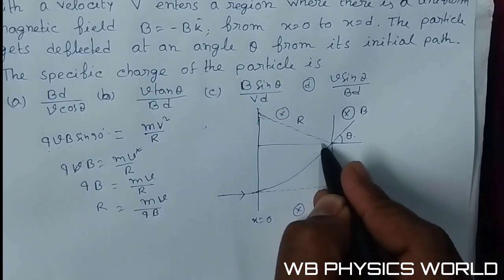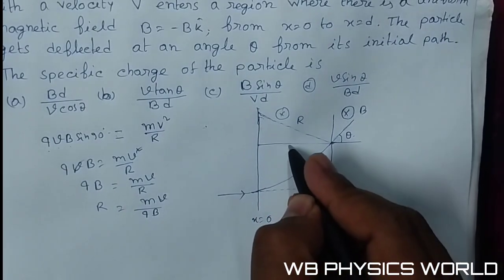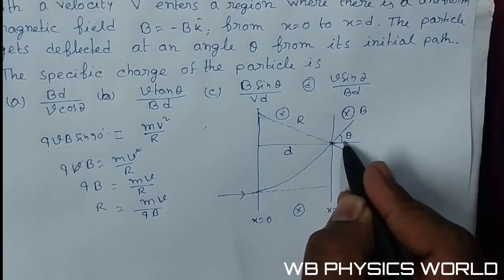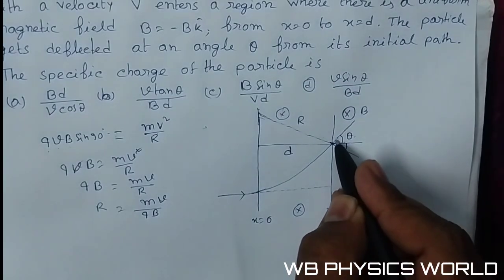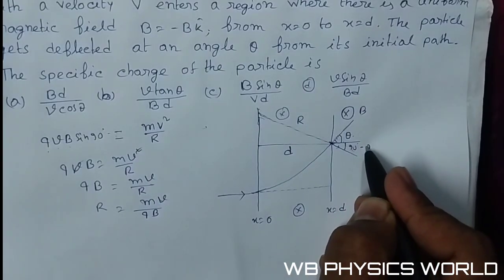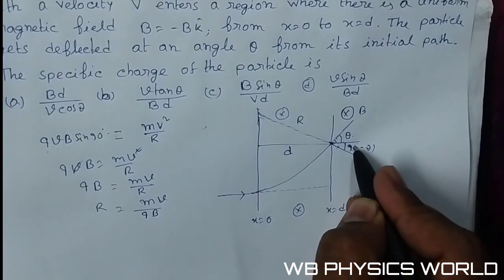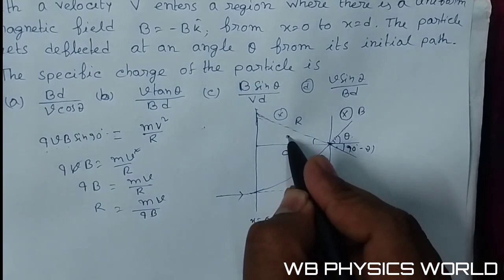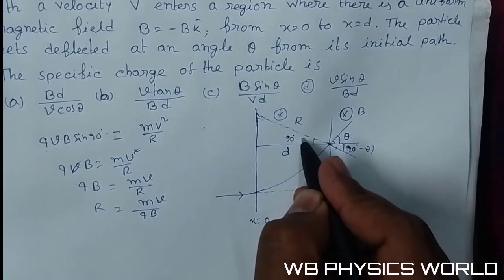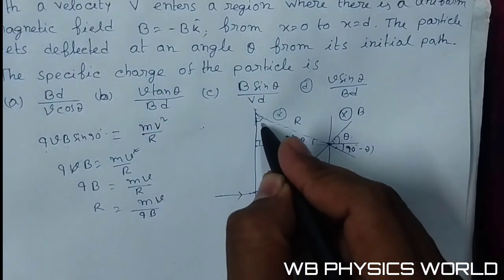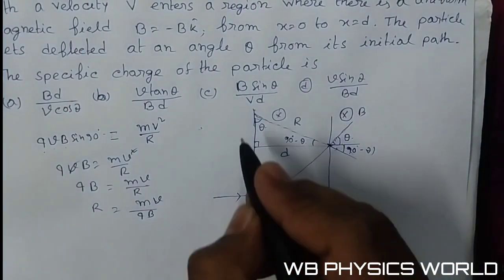Now this distance is d and this is perpendicular to this line, so this angle is 90 minus theta, and this is also 90 minus theta, so this is 90, so this angle is theta.